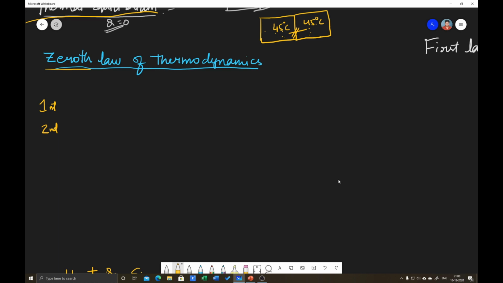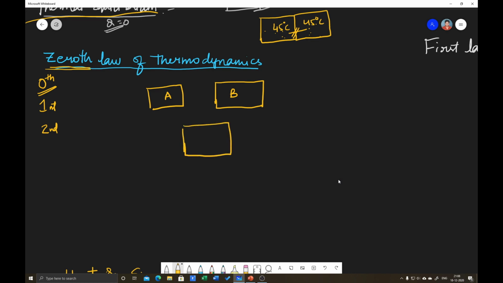It cannot be the third law because it is not that complicated, so they put it as zero and said this is the zeroth law of thermodynamics. In the zeroth law, say suppose there are three bodies, A, B and C.